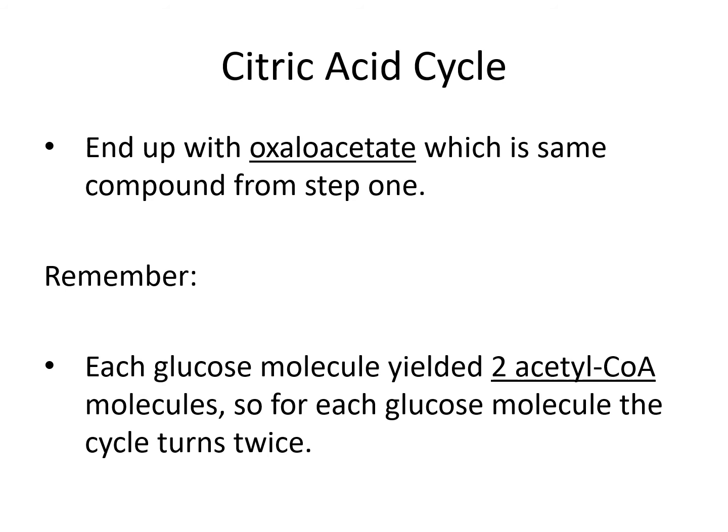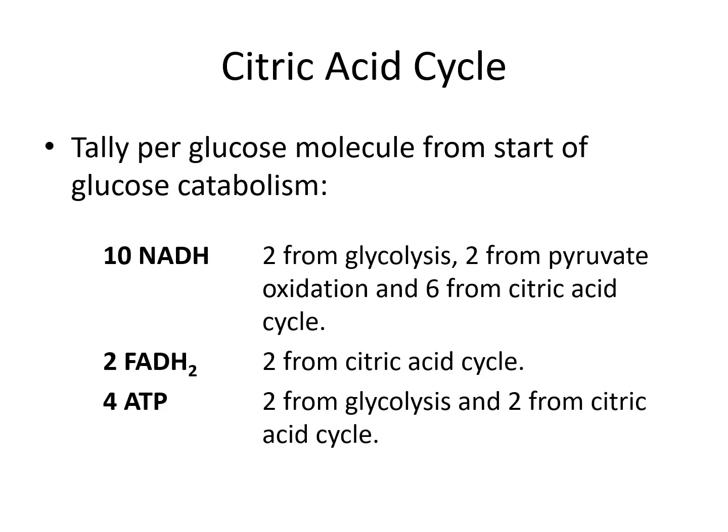Now, I just said this, but just to make sure you remember, each glucose molecule yields 2 acetyl-CoA molecules. So for each glucose molecule, the cycle turns twice. So let's look at the tally per glucose molecule from the start of glucose catabolism.